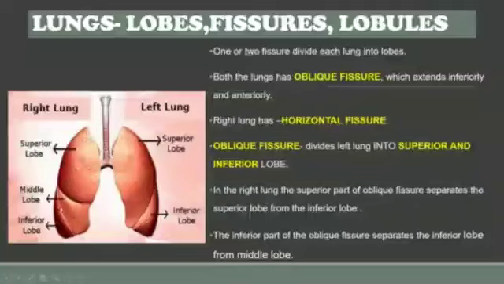So both the lungs have a similar fissure called the oblique fissure, which divides the lung into lower lobe and upper lobe. But on the right lung, you have an additional fissure called the horizontal fissure. This horizontal fissure subdivides this upper lobe into superior lobe and the middle lobe.